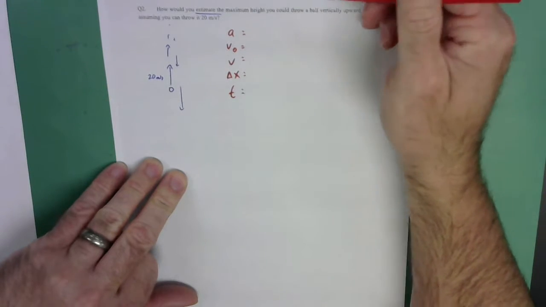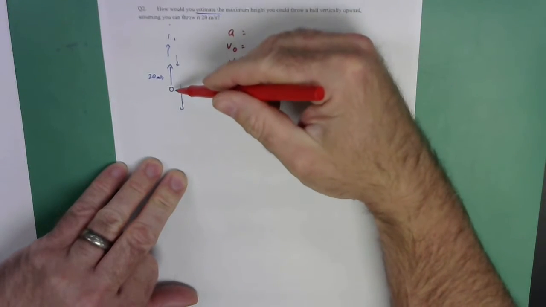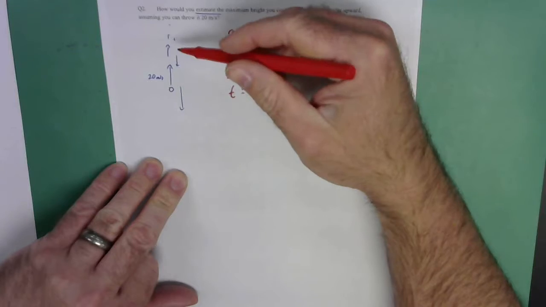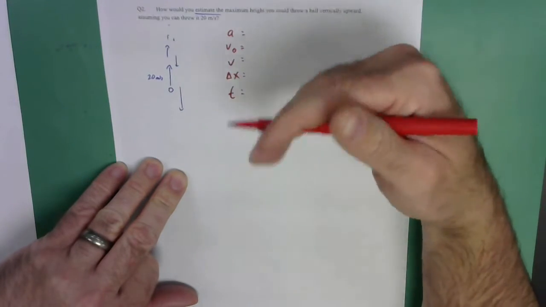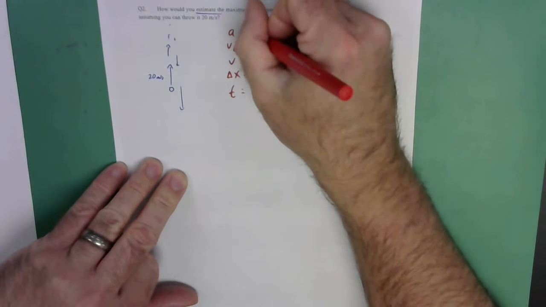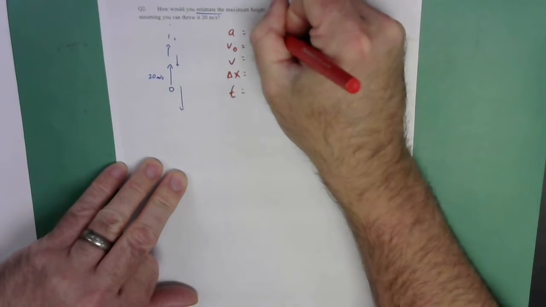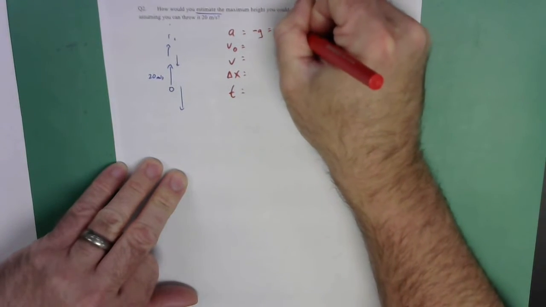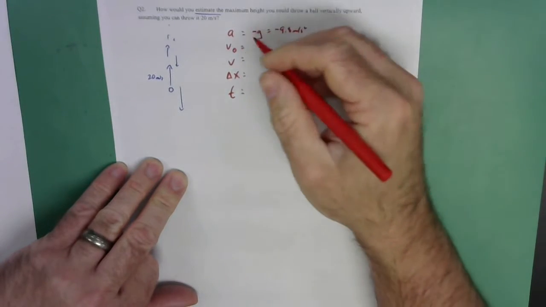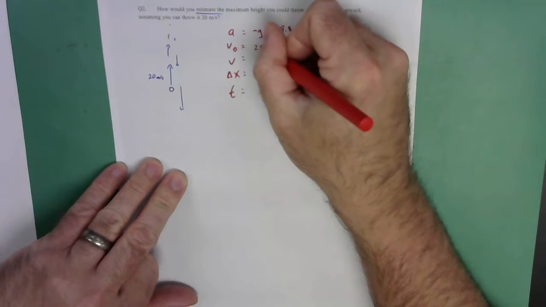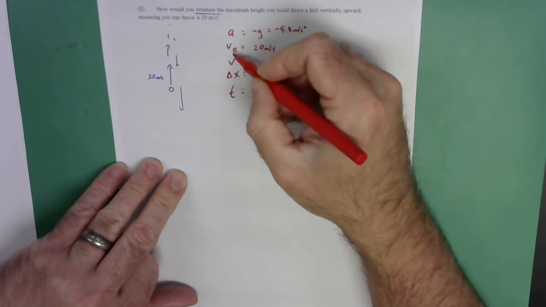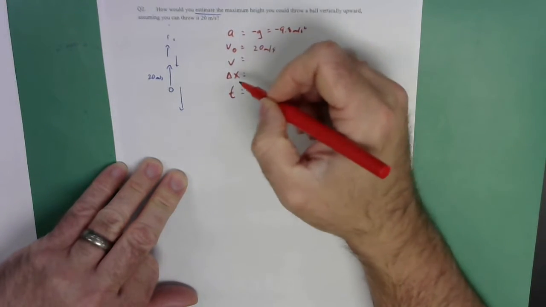Once it leaves my hand, the only force acting on that ball is gravity. That means the acceleration will be the acceleration caused by gravity, negative g, or if you like, negative 9.8 meters per second squared. The starting speed, v naught, we know: we threw it upward at 20 meters per second.